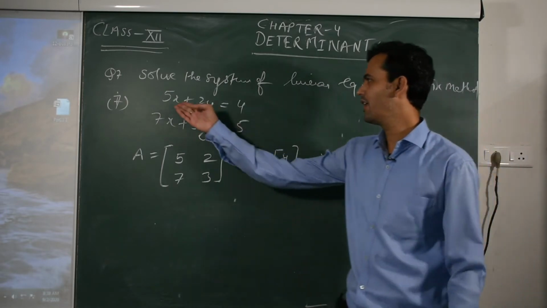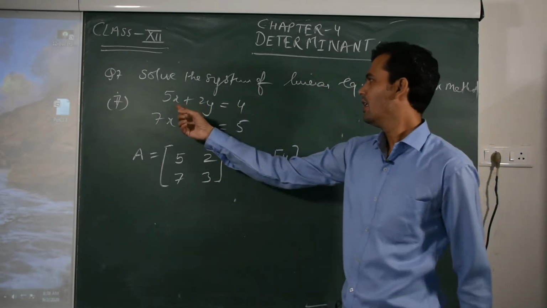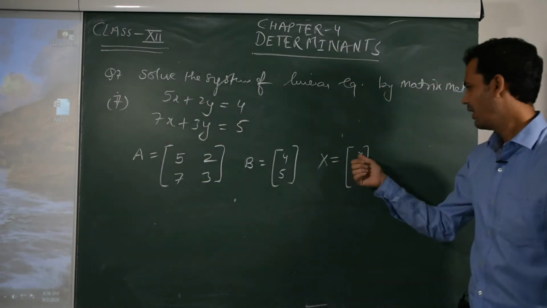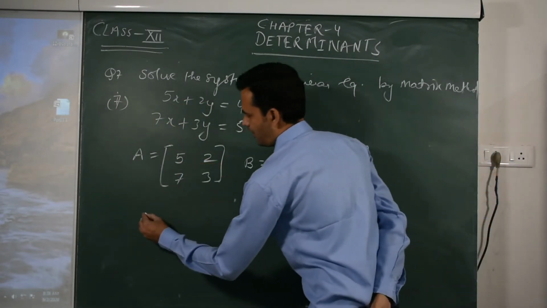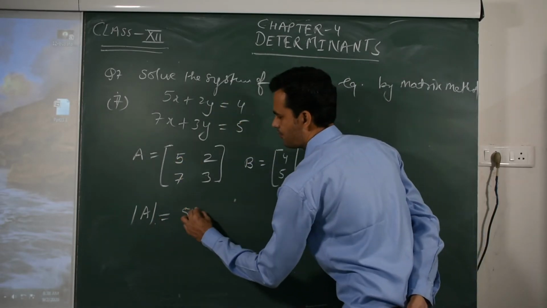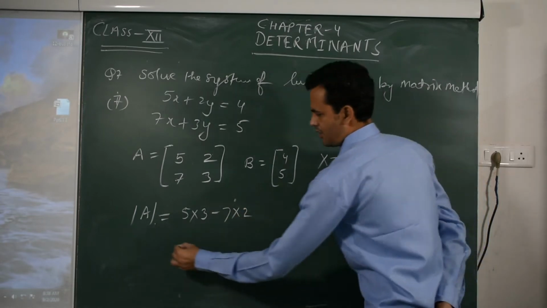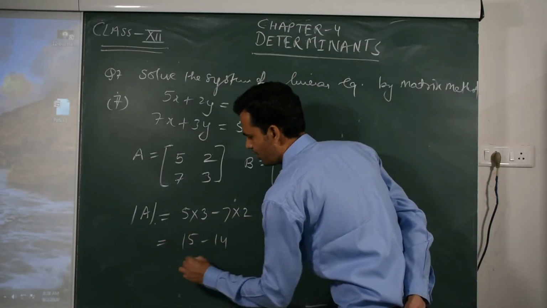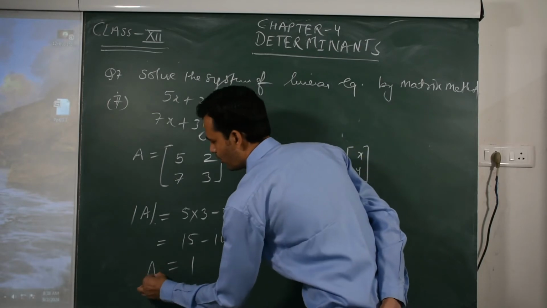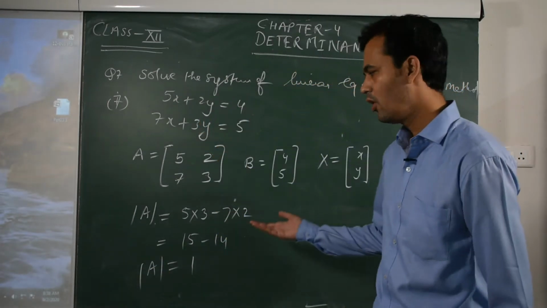If we have three variables, then we take x, y and z. So here we have only two variables x and y. Now first we find value of determinant A. 5 into 3 minus 7 into 2. So it is 15 minus 14, it means 1. So the value of determinant exists, therefore the equations have a solution.